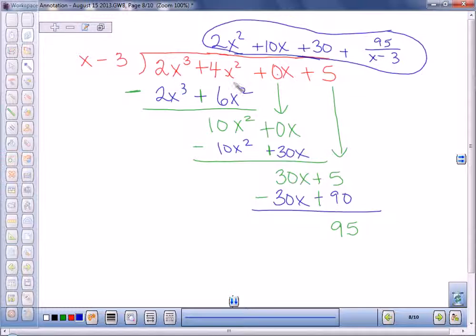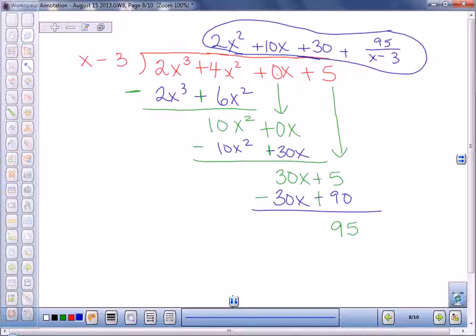I got a negative 30 on the top, and then I got a negative 90 down here. Okay, questions?